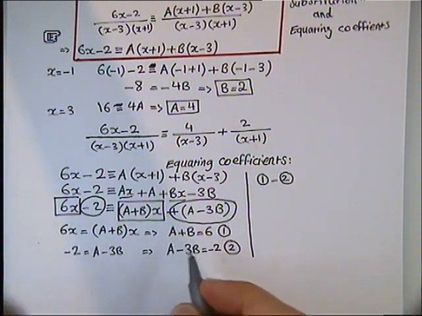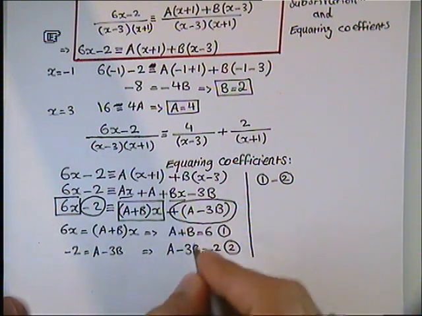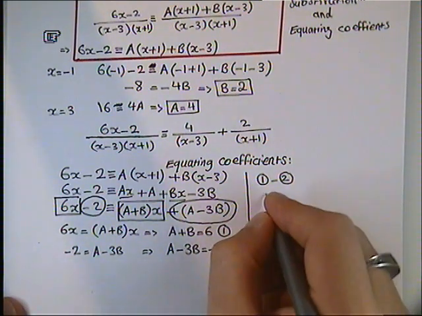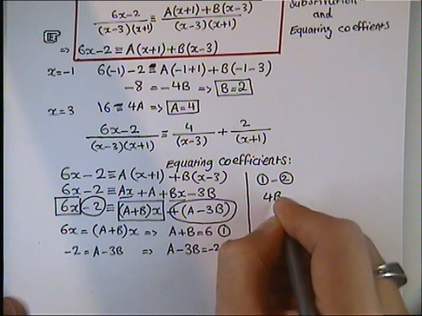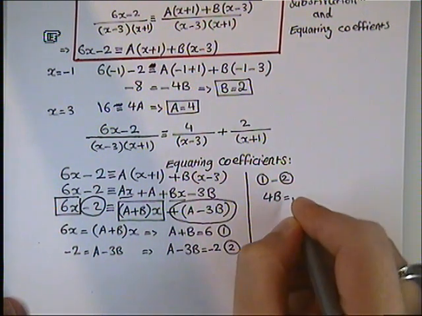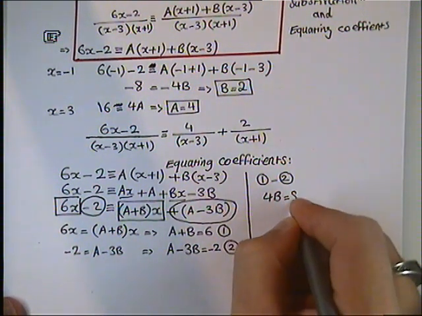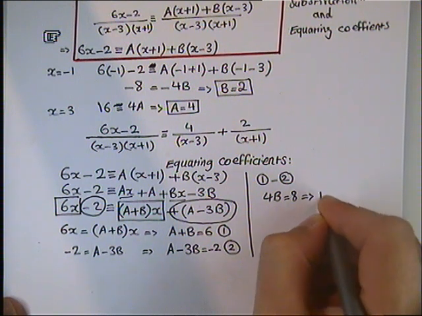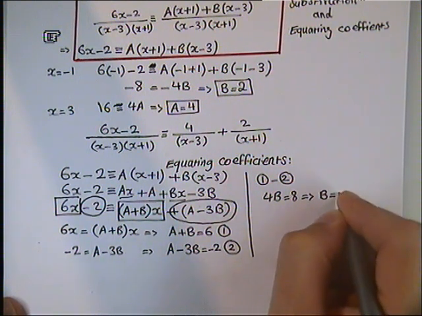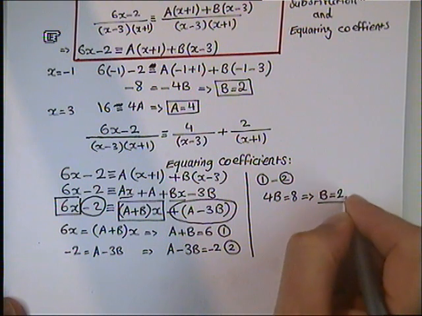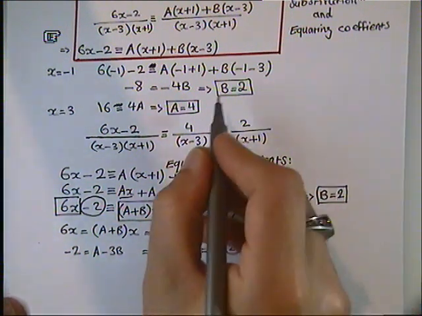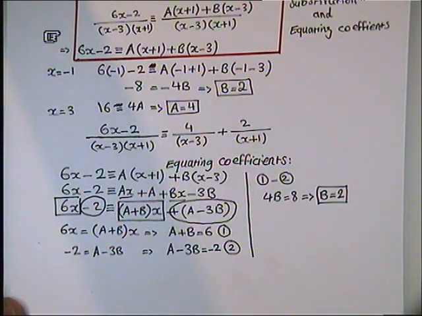We should get a minus a is 0, b minus 3b is 4b, 6 minus 2 is 8. Therefore, b is equal to 2. So you've got the same value here for b.